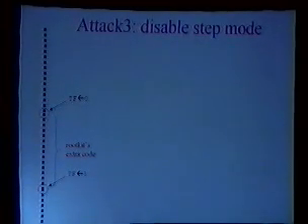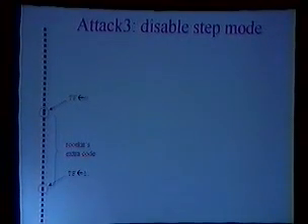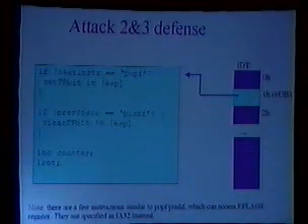Another way of doing this is to clear the TF bit, execute the rootkit instructions, and set the TF bit again. So we won't count the instructions executed by the rootkit.